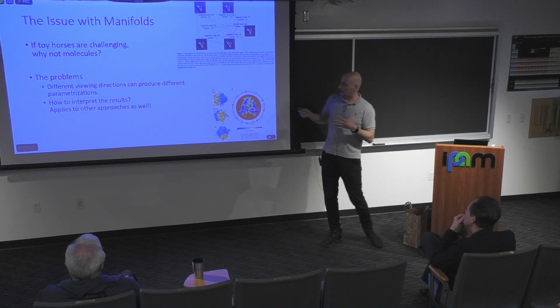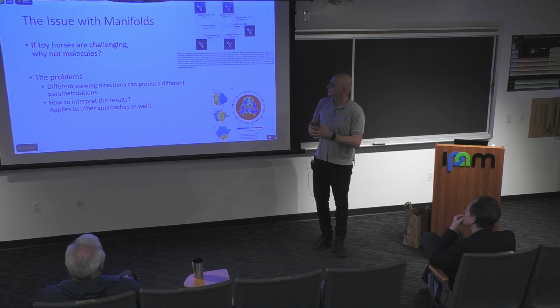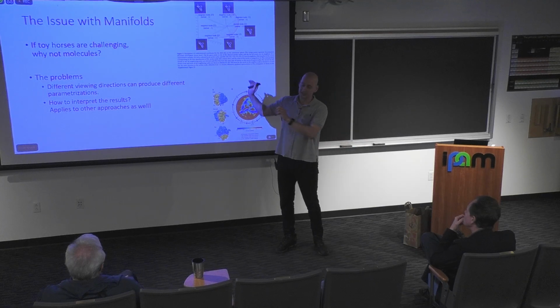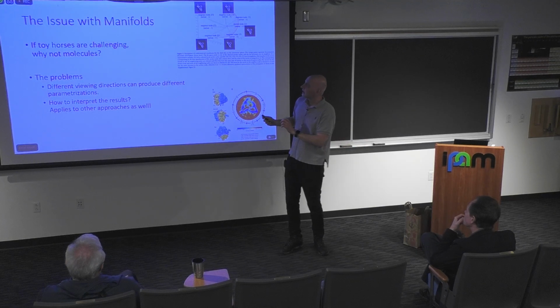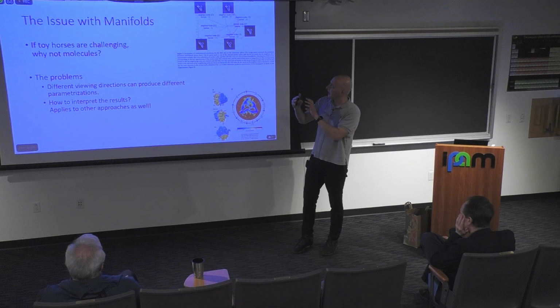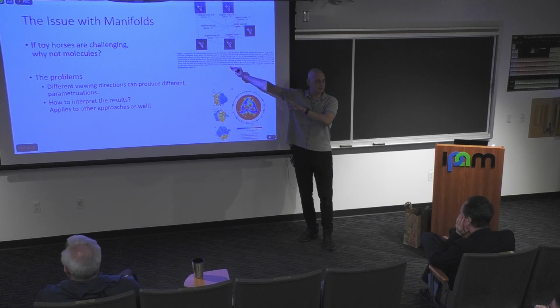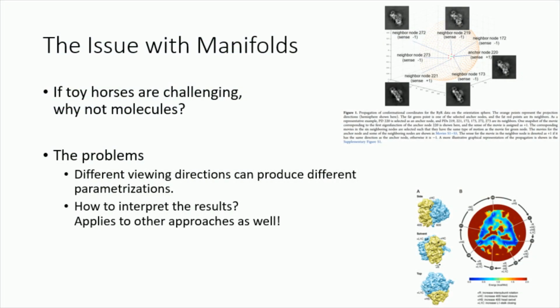So the point is, in the context of these manifold algorithms, this manifold analysis of images, of course, it's more complicated. It's a little more complicated than toy horses. There's more noise, etc. Okay, but there are two places where it appears.